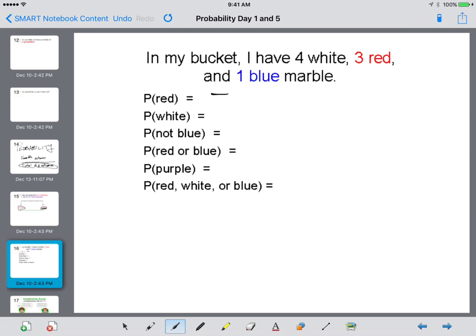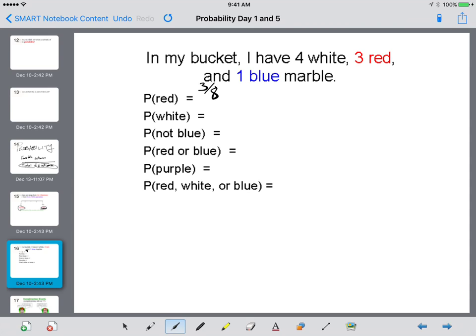How many red marbles are in the bucket? Well, there are 3 red marbles in the bucket. Well, how many marbles in the bucket total? 4 plus 3 plus 1 is 8. So the probability of pulling a red one would be 3 out of 8.